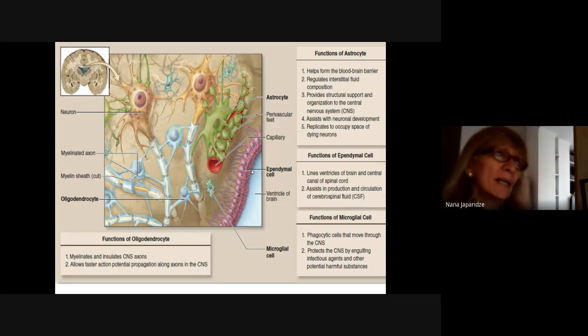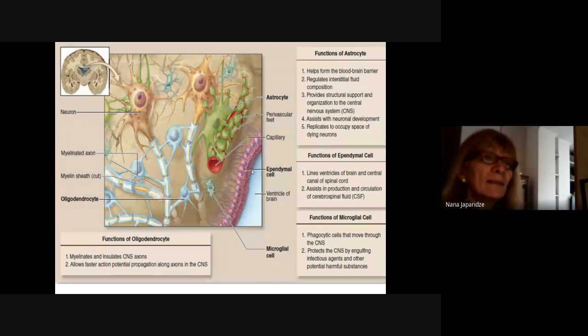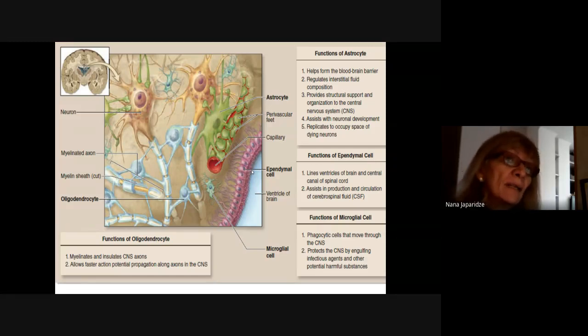According to our syllabus, we have the embryogenesis of the nervous system. They also replicate very intensively if it is needed, and they occupy spaces of dying neurons.